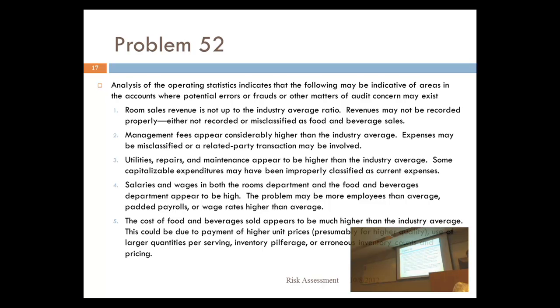So when we're testing internal controls, we would look at the controls around the recording of sales. We want to make sure that they're not misclassified. So how are sales posted? What are the controls over posting to the correct general ledger accounts?